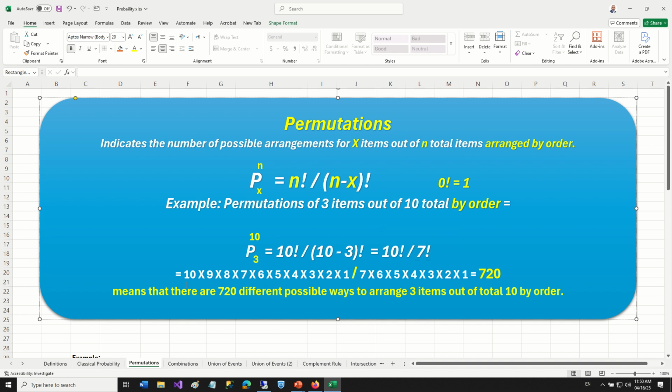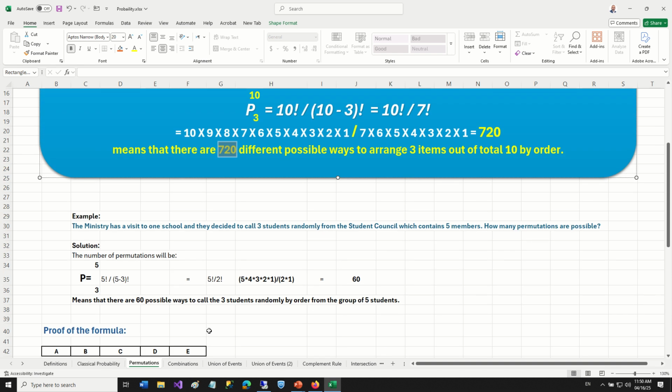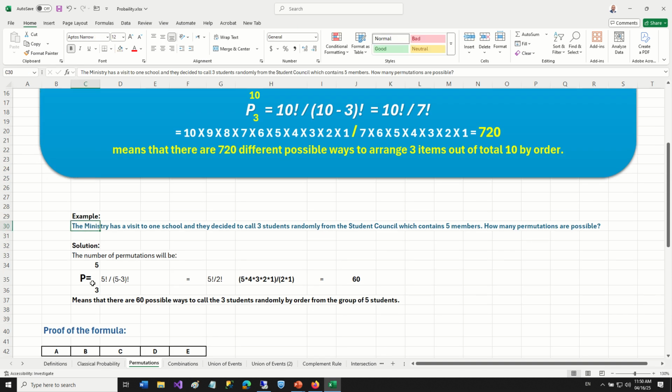So 10 factorial means 10 times 9 times 8 times 7 times 6 times 5 times 4 times 3 times 2 times 1, divided by 7 times 6 and so on till 1, that will equal 720. Means that there are 720 different possible ways to arrange 3 items out of total 10 by order. Okay, so this is an example.